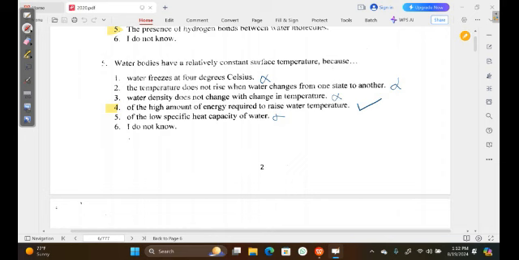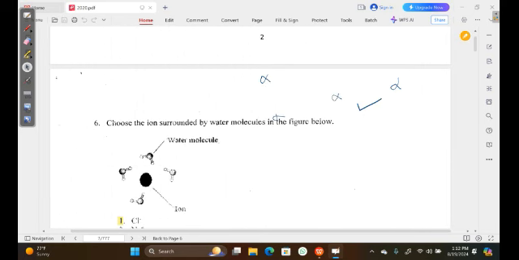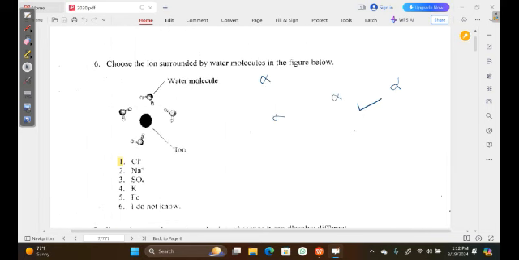Moving on now to question 6. Question 6 reads, choose the ion surrounded by water molecules in the figure below. So we have water molecules, and we have another particle in the middle.